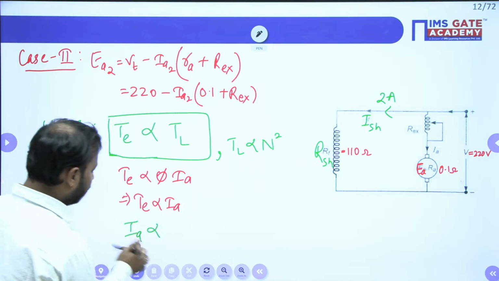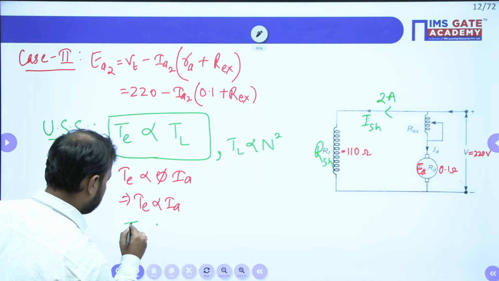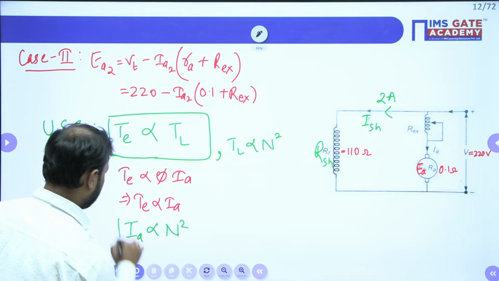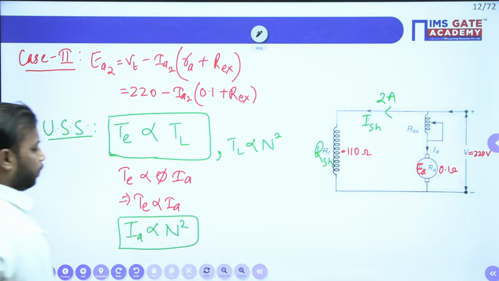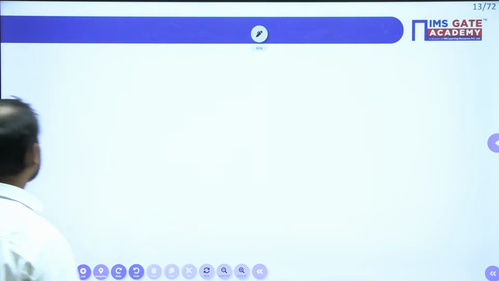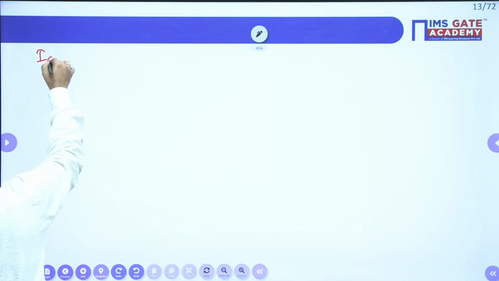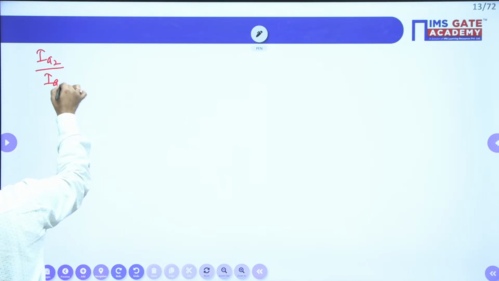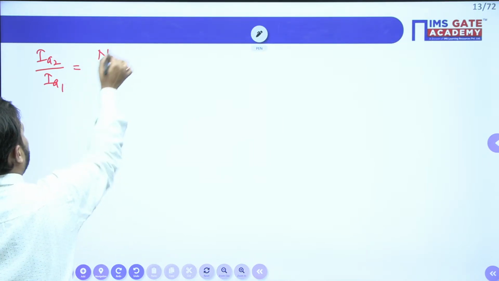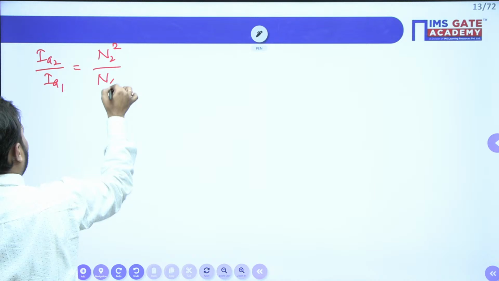So your Ia is proportional to speed square. Done. So IA2 divided by IA1 is equal to N2 square by N1 square.